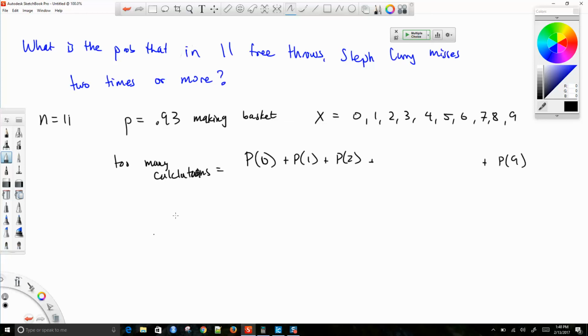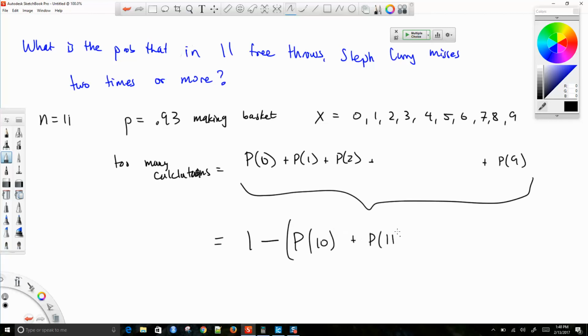This is equal to 1 minus the probability of 10 plus the probability of 11. Does that make sense? Because if you shoot 11 free throws, the basket is going to go in 11 times, 10 times, 9 times, or 8 times, and so on. These are all of the possible outcomes.